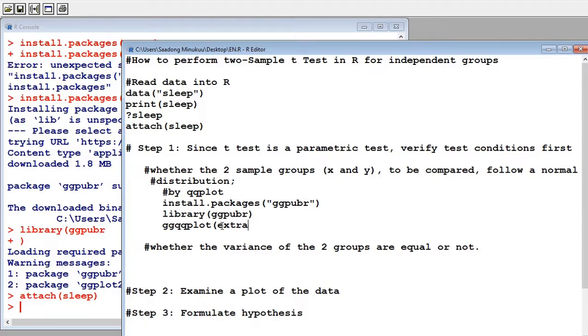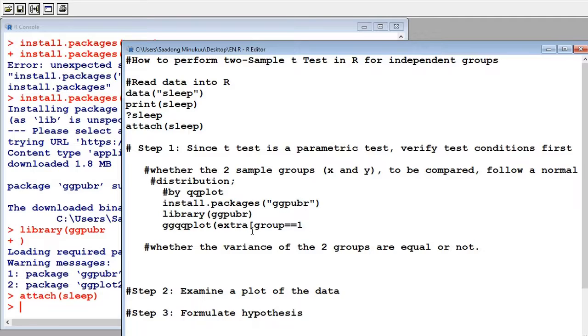But we want the ggqqplot for extra for which group? For only the group of individuals that took drug 1, which is 10 people, right? So we're going to use square brackets to select. We say group, which is the group of individuals here, then we use the == sign to select 1.